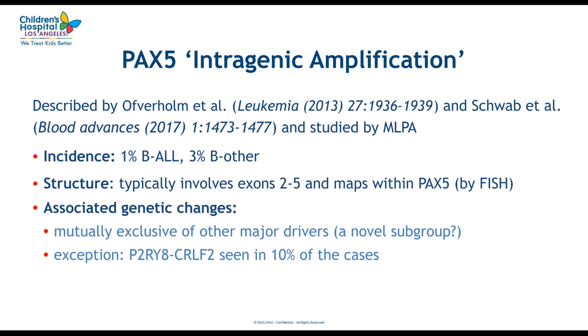However, this fusion is tricky because it can be a primary driver in CRLF2-positive Ph-like BLL, but it can also be a secondary abnormality in a variety of different subtypes. So the authors hypothesized that this could still be a secondary abnormality with PAX5 copy number gain being the primary.